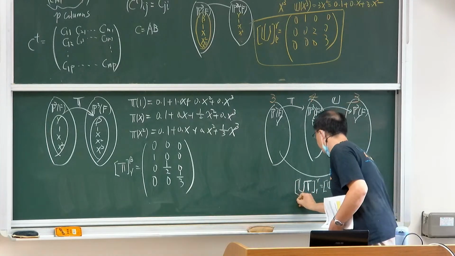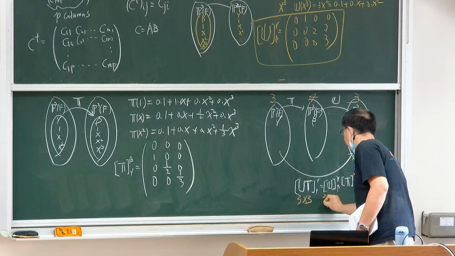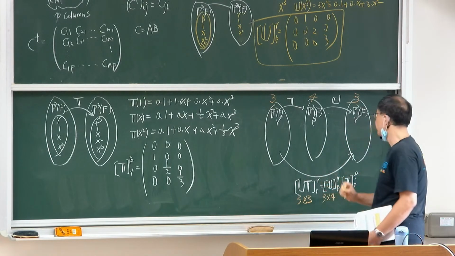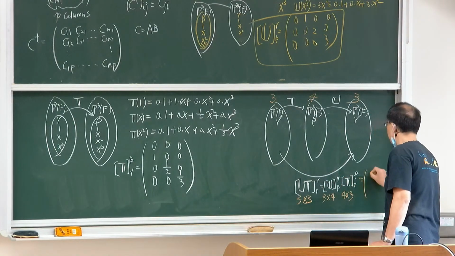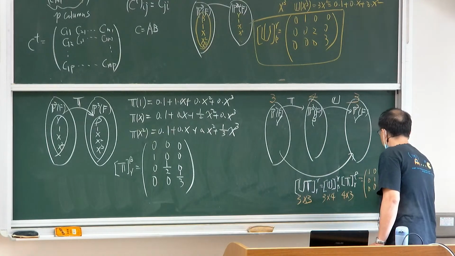So it's a 3 by 4 matrix times a 4 by 3 matrix, and I get a 3 by 3 matrix. The resulting matrix becomes 1, 0, 0, 0, 1, 0, and 0, 0, 1.